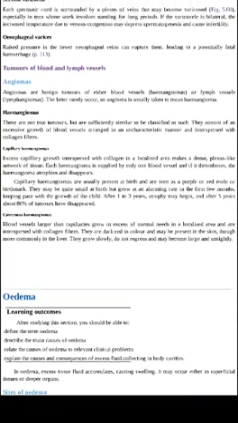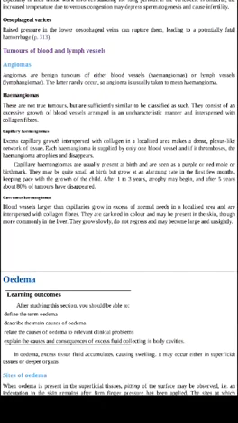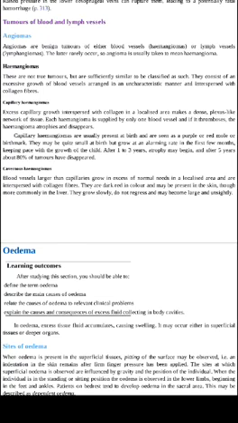Okay, let's study the tumors of blood and lymph vessels. Now, angiomas. What are angiomas? Always remember that when a word ends with oma, like angioma or hemangioma, it means it is a benign tumor.